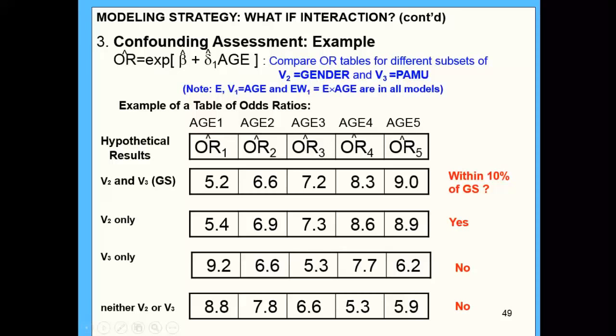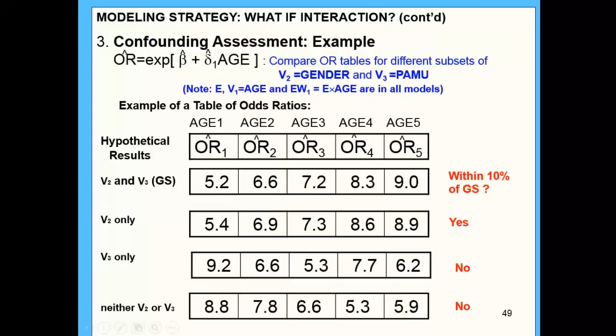It's not exactly the same, but is the 5.4 10% different from 5.2? You're asking the same question 5 times because you've got these 5 different age values. It looks like these numbers, when you drop V3, aren't meaningfully different, 10% or whatever you want to call it, from the gold standard. So you could argue that I can drop V3 and still control for confounding because I'm going to get the same answer as the gold standard model.